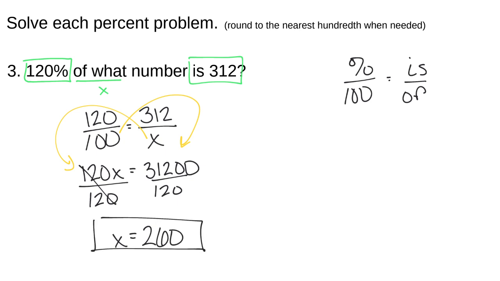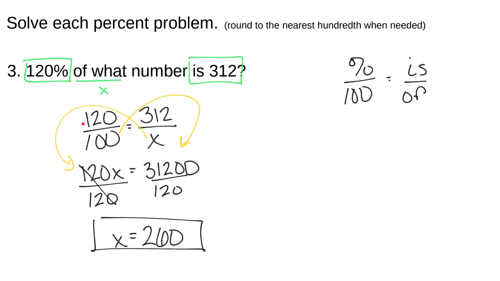Now, does that make sense? This one's actually a little trickier. Look back at your percent. This is 120%. If we are over 100%, that means our ratio is more than 1. 100% would be 312 over 312. The part would be all of the whole, 100%.